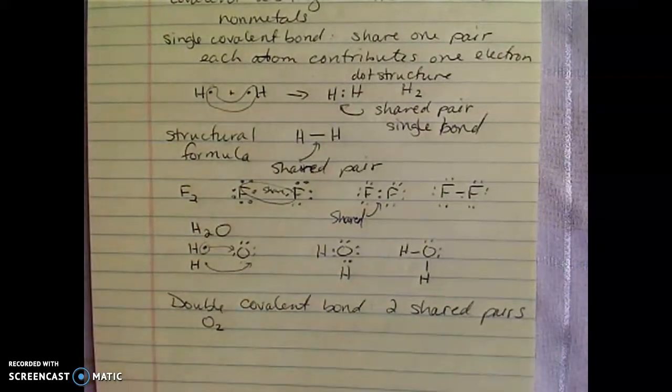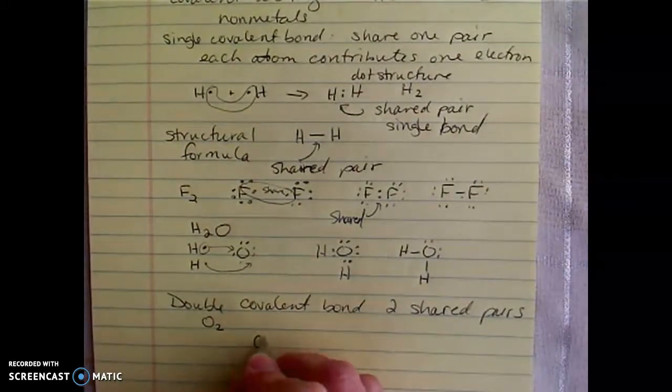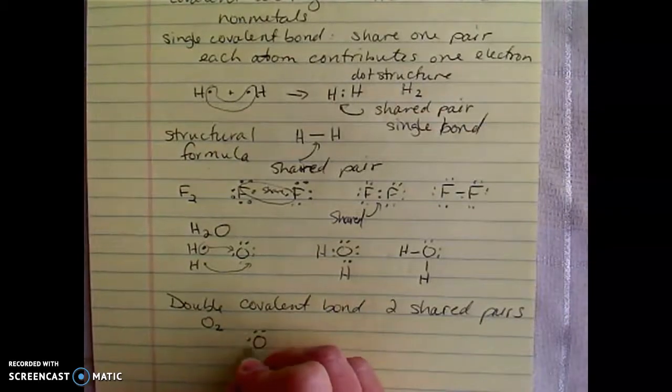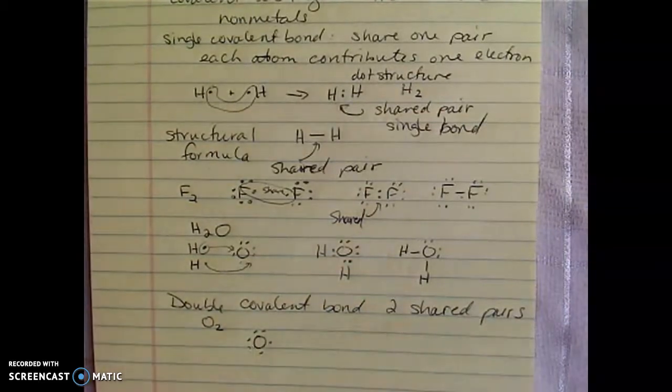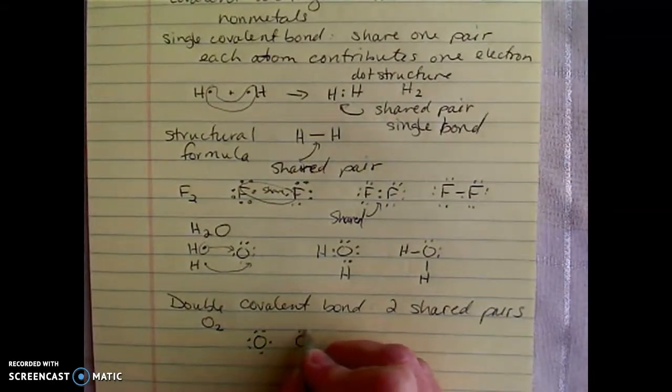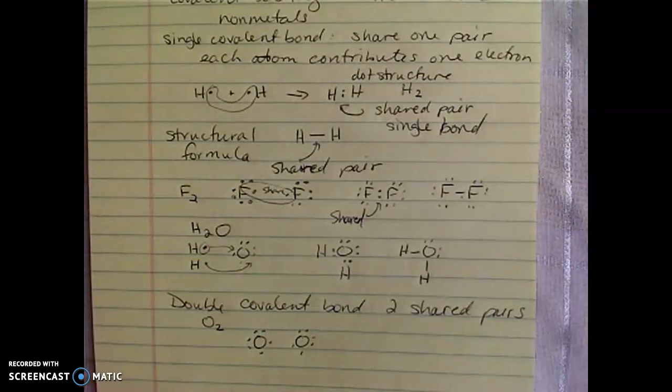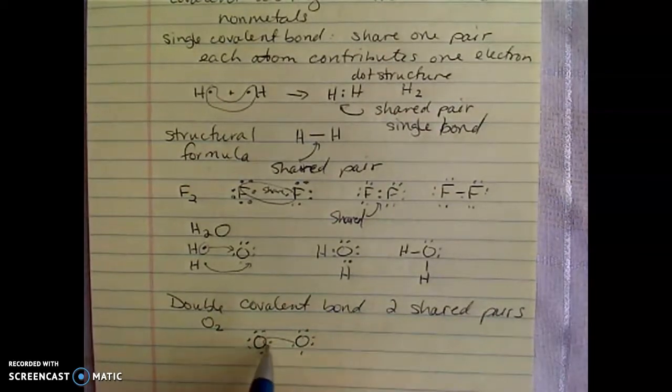Oxygen gas in its elemental state. So oxygen, once again, has 6 valence electrons. It needs 2 more to have its 8. And if we draw another oxygen, it needs 2. So what's going to happen? It can share this, and if it just shared once, it'd be a single bond, but it would still be 1 short. So here's your other one.